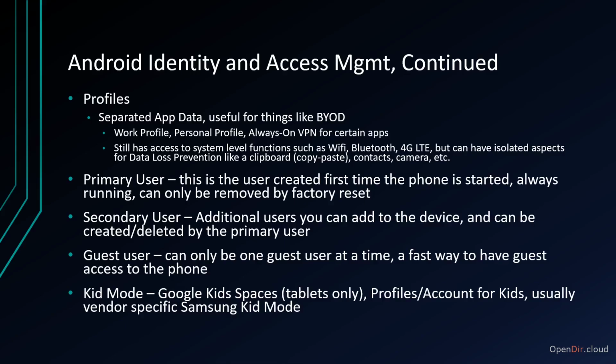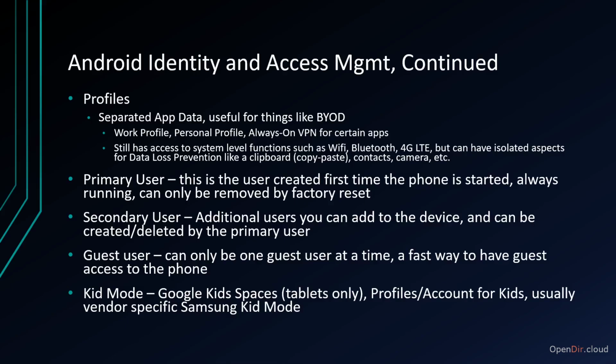Maybe you have a phone with a work profile on it and a personal profile, and you want to isolate those two things from each other. The cool thing about profiles is they still have access to system level functions such as Wi-Fi, Bluetooth, 4G, LTE, obviously, right? But they can also have some isolated aspects. So for example, if you have Microsoft Teams installed on your work profile, maybe you do not want to allow exfiltration of data out of there by the clipboard. So you can have totally separate clipboards for the two different types of profiles.